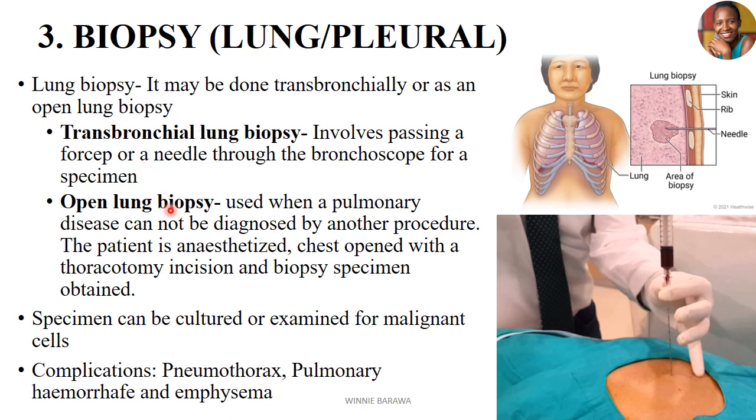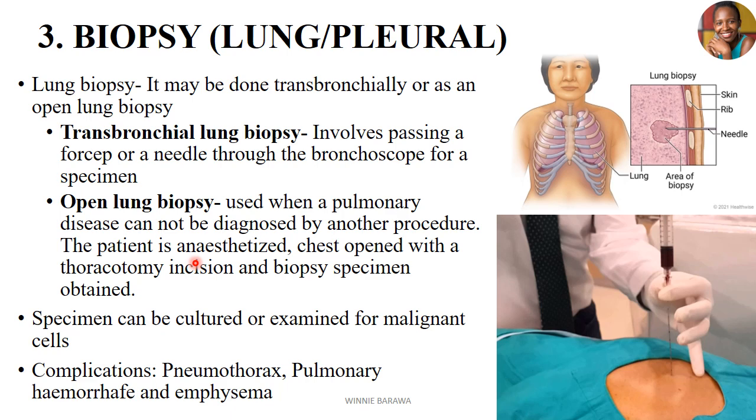But the open lung biopsy is normally done when a pulmonary disease cannot be diagnosed with any other method. In this open lung biopsy, the patient is anesthetized, the chest is opened with a thoracotomy incision, and then the specimen is obtained. Biopsy simply means getting a tissue specimen for evaluation. So don't wonder what this is all about.